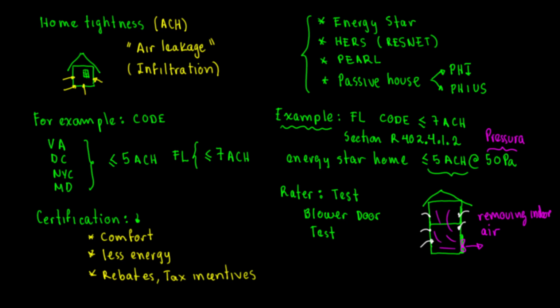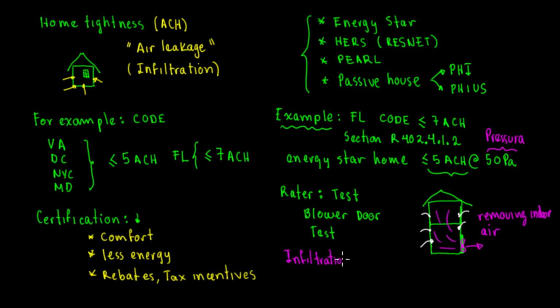For this blower door test, it happens after construction. Based on my experience, you would have a pre-drywall, a final inspection and a re-inspection. So this would be for a final inspection. In the final inspection, you would have what is called the infiltration tab in here, infiltration.